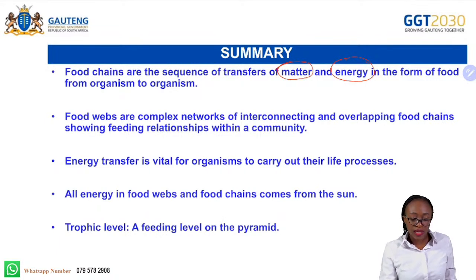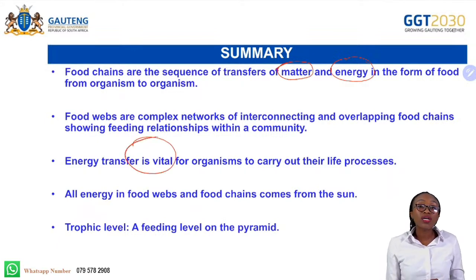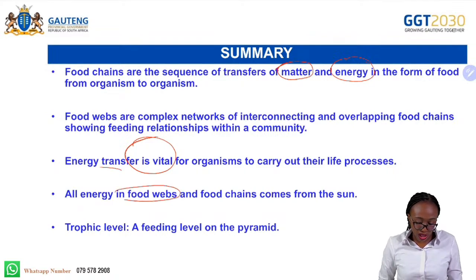We also learned about energy transfer and that it is vital because organisms need to carry out life processes so that they don't die. Therefore energy transfer is important from producer to consumer. We also learned that all energy in food webs and food chains comes from the sun.